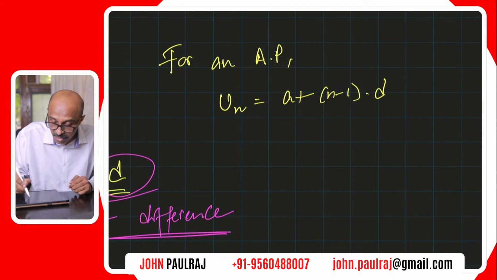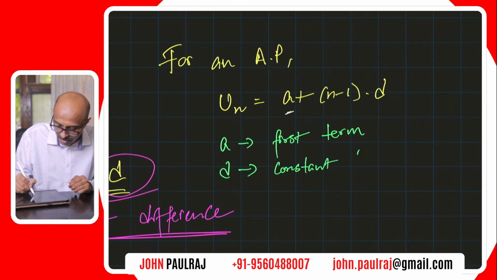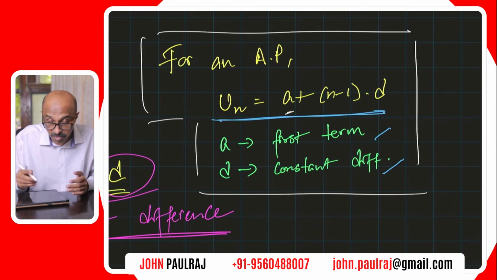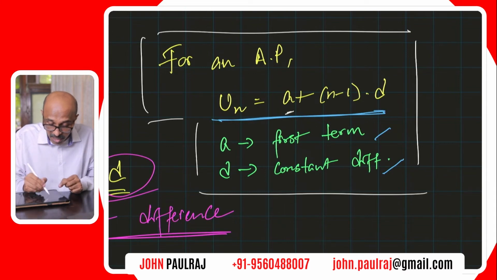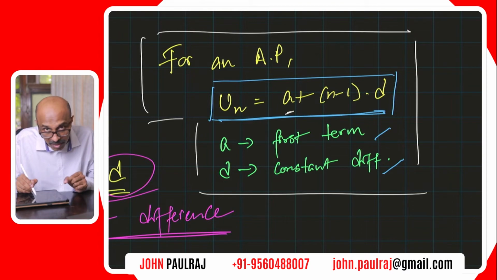A, remember, we've seen in earlier videos, is your first term of that sequence, and D is this constant difference. So once you know the first term and the constant difference of an AP, you can write down the general term using just those two parameters: U of n is equal to A, the first term, plus n minus 1 times D.